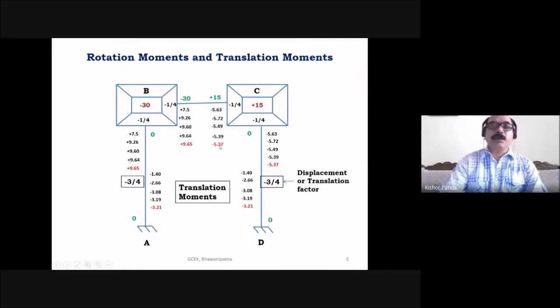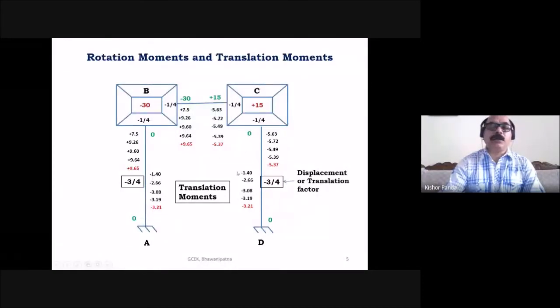So just you stop here and you take the 5th cycle rotation moment and translation moment as the final rotation moment and translation moment of the members. So here M dash BA you take 9.65 and M dash BC you take 9.65, M dash CB you take minus 5.37 and M dash CD you take minus 5.37, and M dash AB and M dash DC are 0 rotation moment.